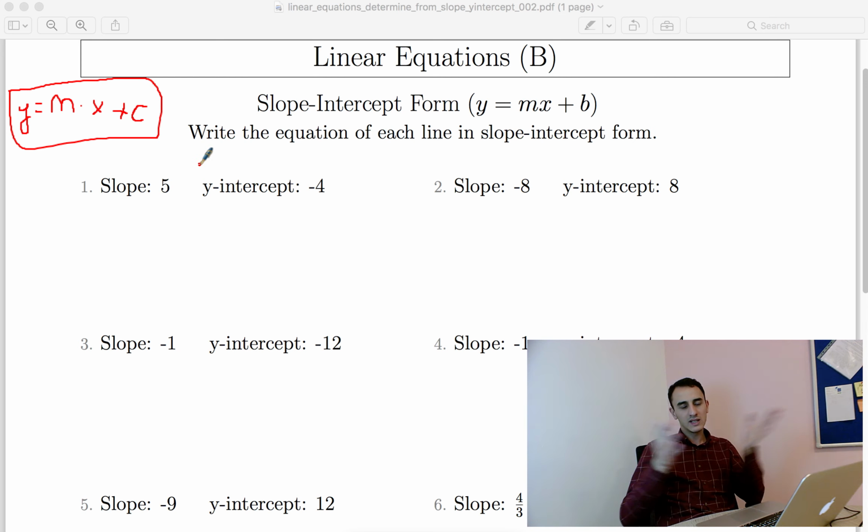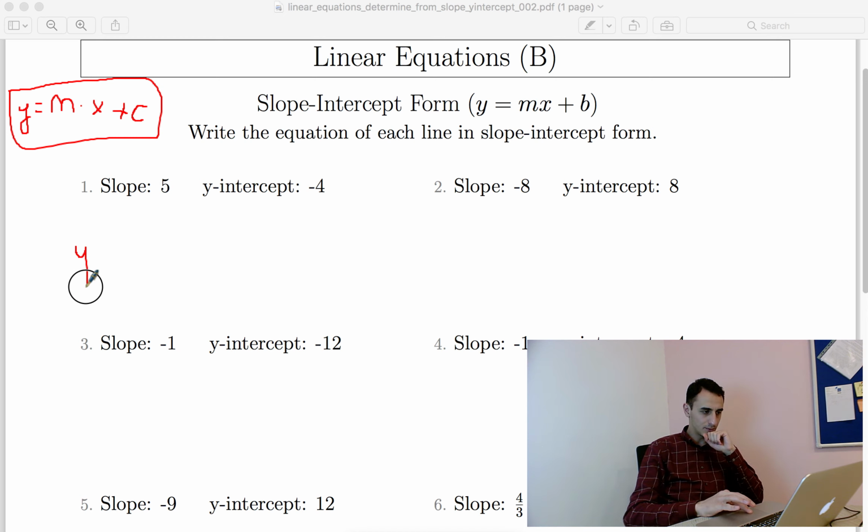Just x and y, they are variables. They need to stay as x and y. So let me write y is equal to some numbers here. I need to write m multiplied by x and plus another number which needs to be the y-intercept.